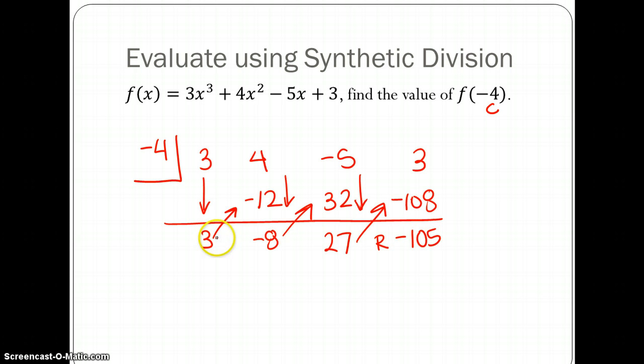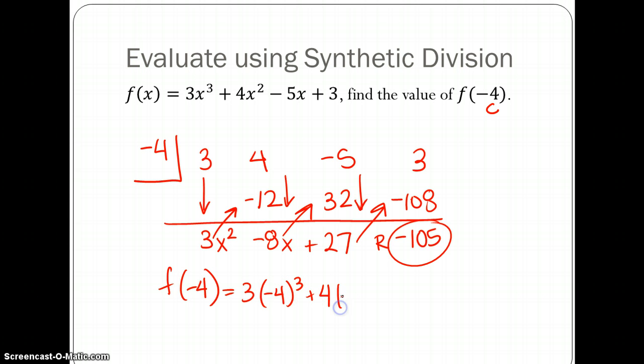So my final answer, 3x squared minus 8x plus 27, my remainder, -105. If I had taken that original function, f of -4, and plugged in -4 everywhere I see x, I would get out the exact same value as my remainder. So it's just a different way to get to the exact same information. You can type that into your calculator and verify, but it should equal -105.